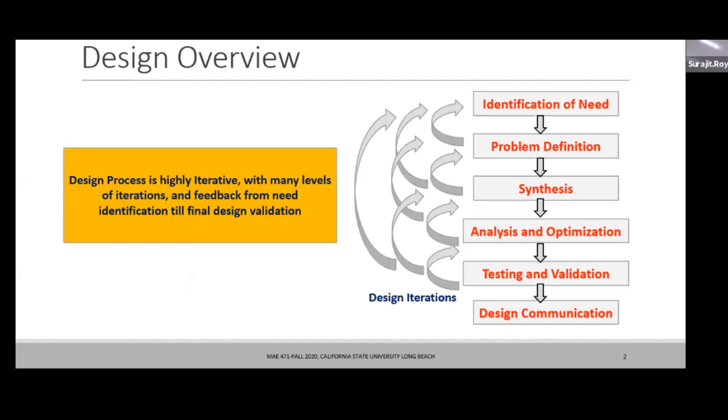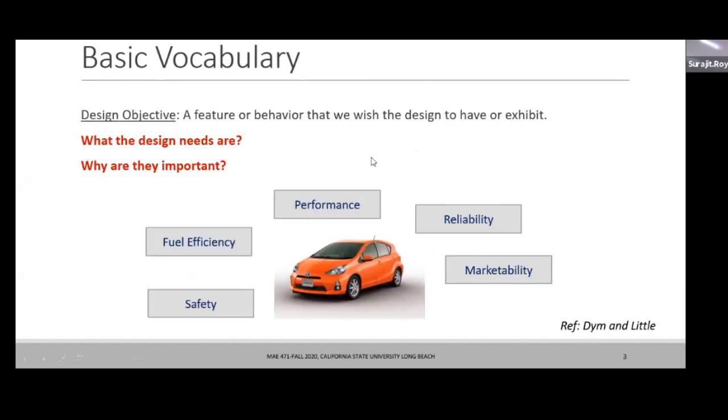So what we are doing here is getting a good handle on need identification. Before we discuss the needs further, some basic vocabulary just for the record. You already know what design objectives are.